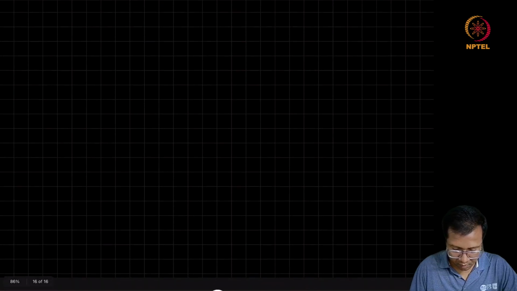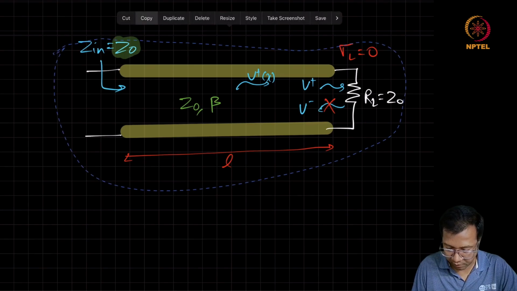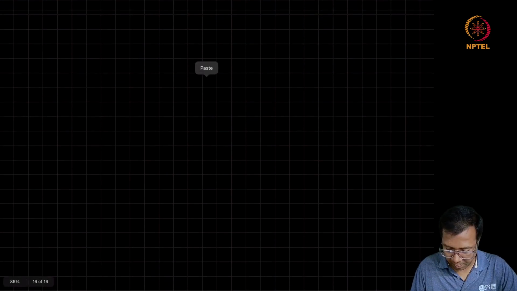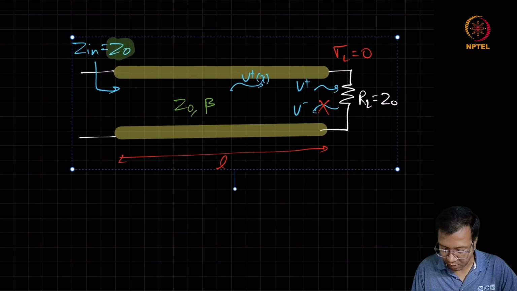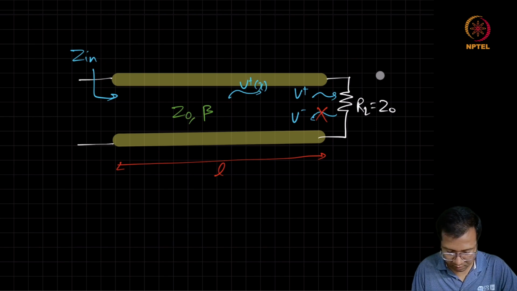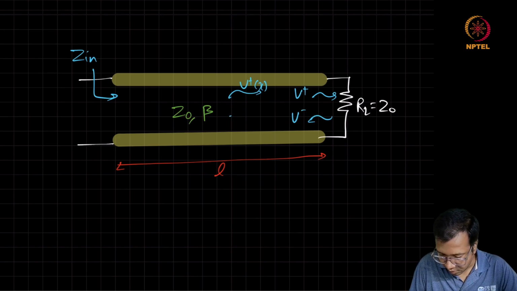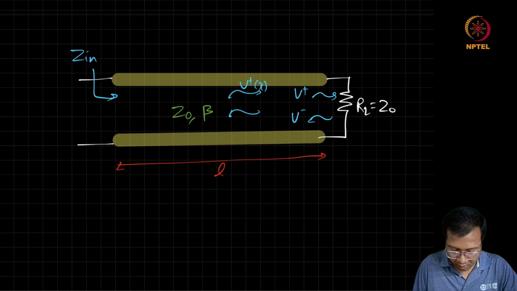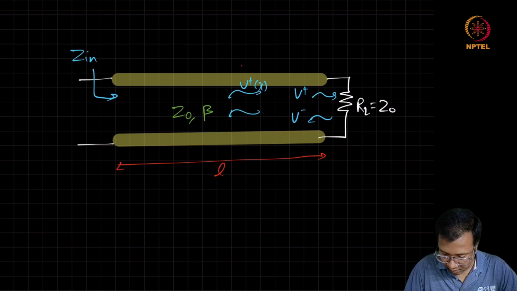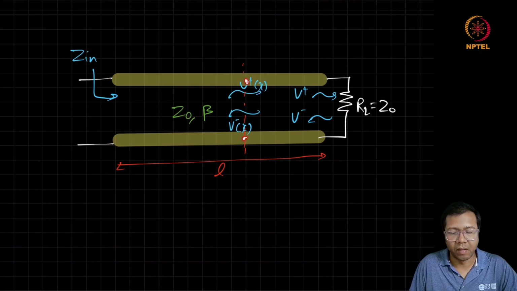If we look at the case when the termination is not perfect, or the termination is not equal to the characteristic impedance of the line, we'll see that the reflection is non-zero, and as a result, at any point along the line, the voltage amplitude may change depending on the phase of the two traveling waves.